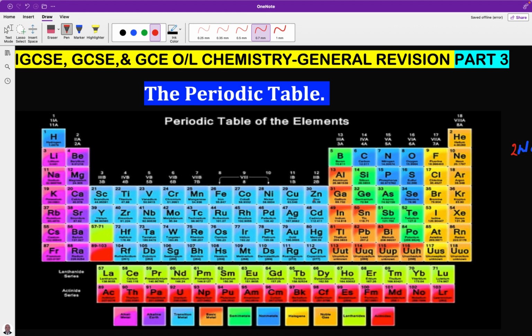For example, the examiner could say, what will you see in a practical chemical or physical change when a group 1 metal reacts with water? What will you observe?